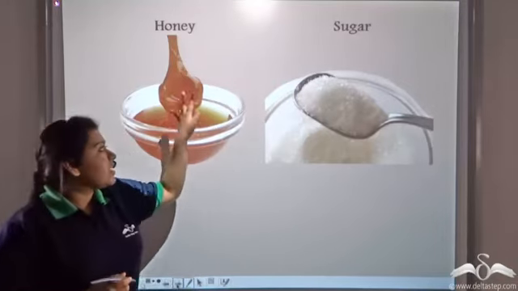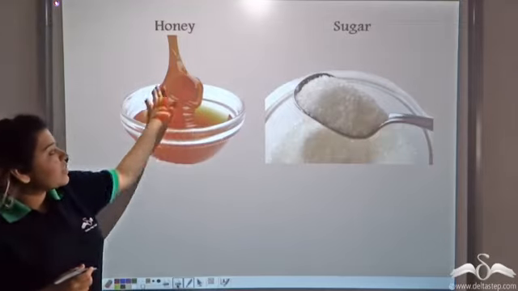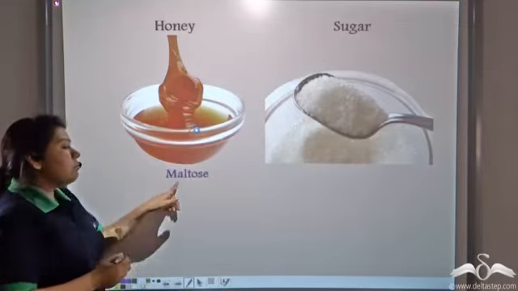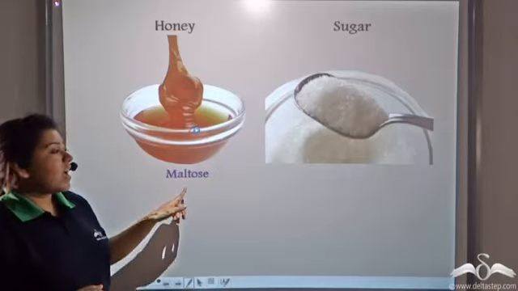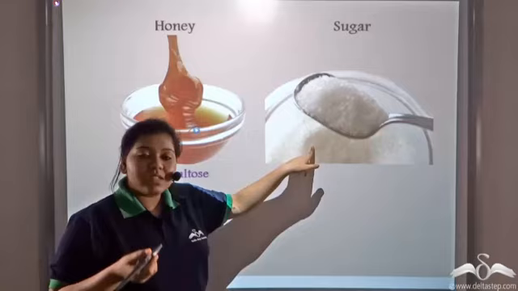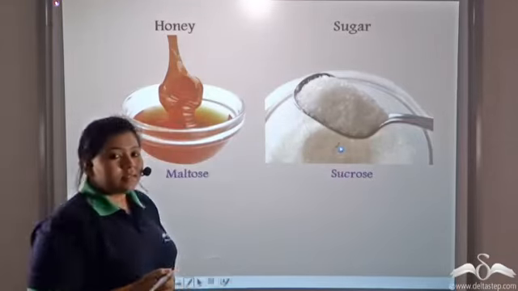So what is the main ingredient present in honey? The main ingredient that makes up honey is known as maltose. And the main constituent of sugar is known as sucrose.